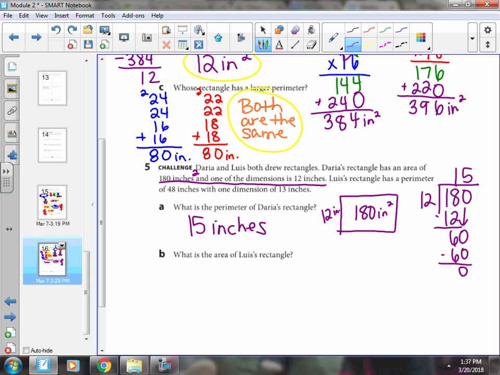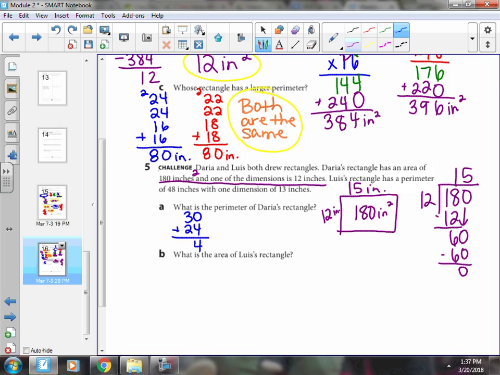Oh, wait, what's the perimeter? Wait a minute. Mrs. Judson has to do one more step. There we go. I'm glad I read that question again. The other dimension is 15. Now that I know the other dimension, I can find the perimeter. 15 plus 15 plus 12 plus 12. 15 plus 15 is 30, and 12 plus 12 is 24.